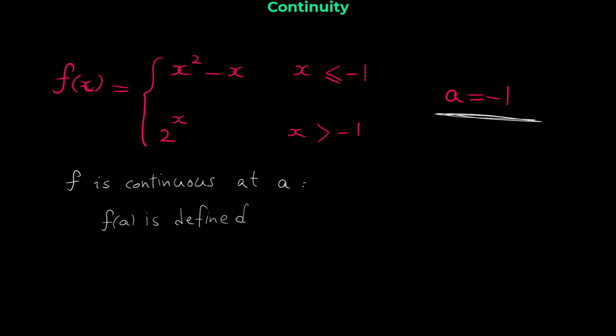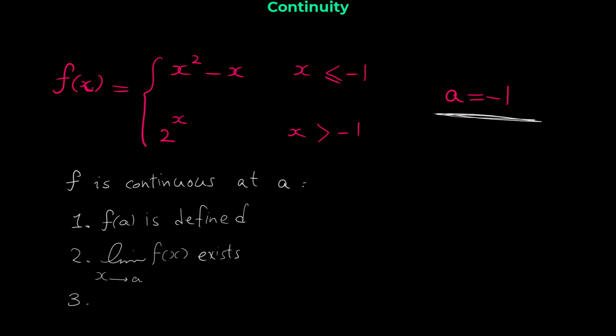Second, the limit of f of x when x approaches a exists, which means that the left limit and right limit should be equal to each other.